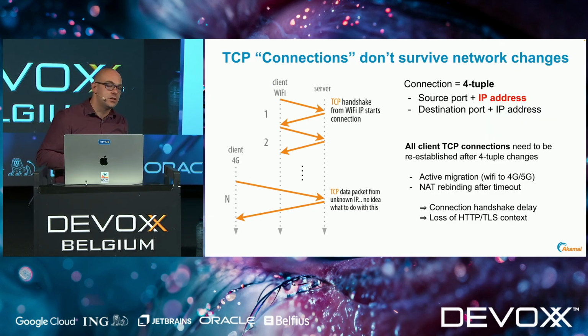Now first let's understand why this happens. Why do we have this degradation in quality? It is because a TCP connection isn't a real physical thing, right? It's not an actual cable somewhere. It's just a concept of these two IP addresses, client and server, and two TCP ports. Combined, we call this the 4-tuple. That uniquely identifies the TCP connection.